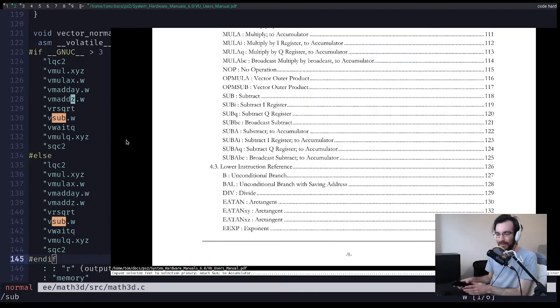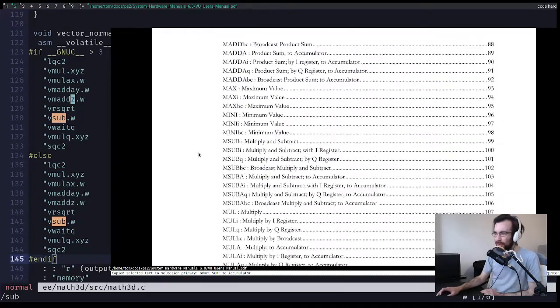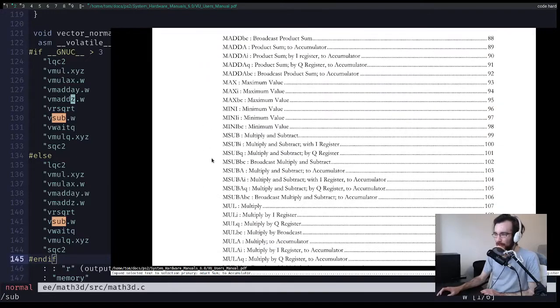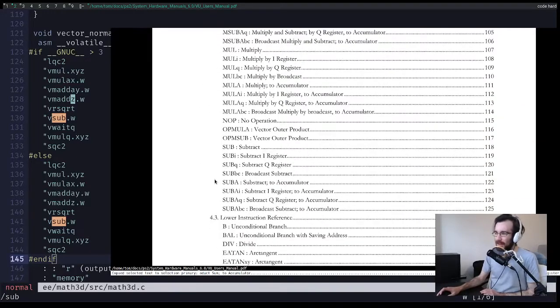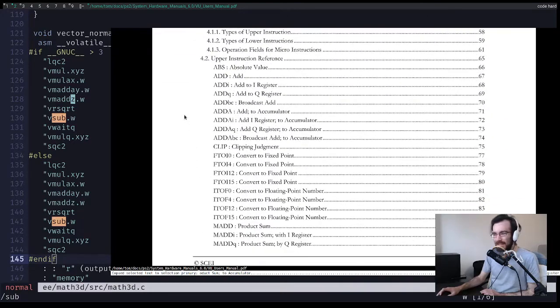Cool. Hold on, just getting another message here. Mul q. So what am I looking for again? I'm looking for a cross product. I mean, there's not going to be anything quite that fancy, but there's got to be a normalize. Maybe not a normalize. I guess not, right?